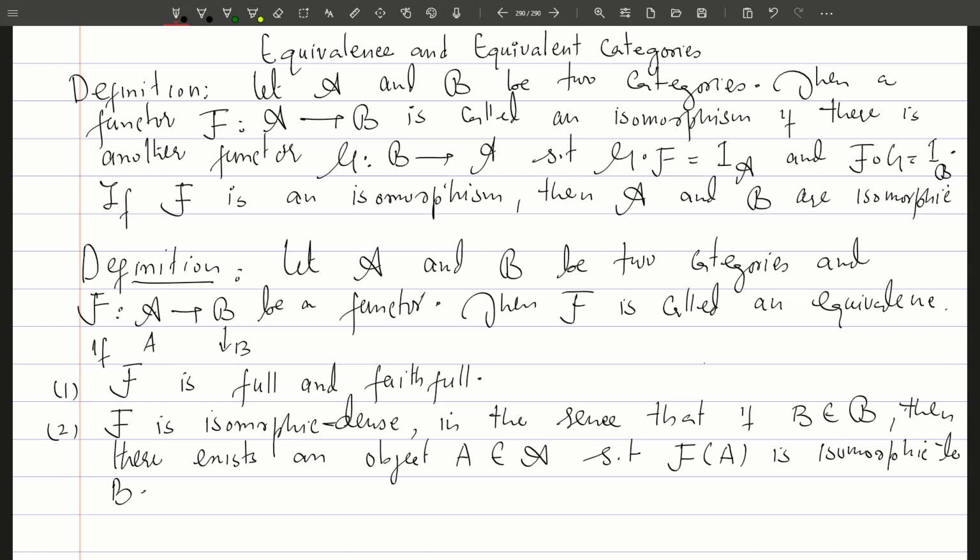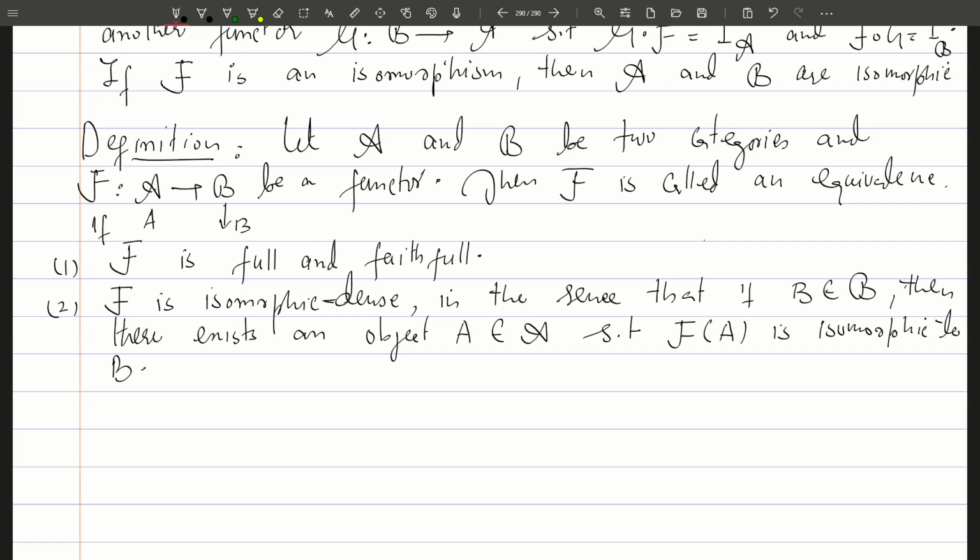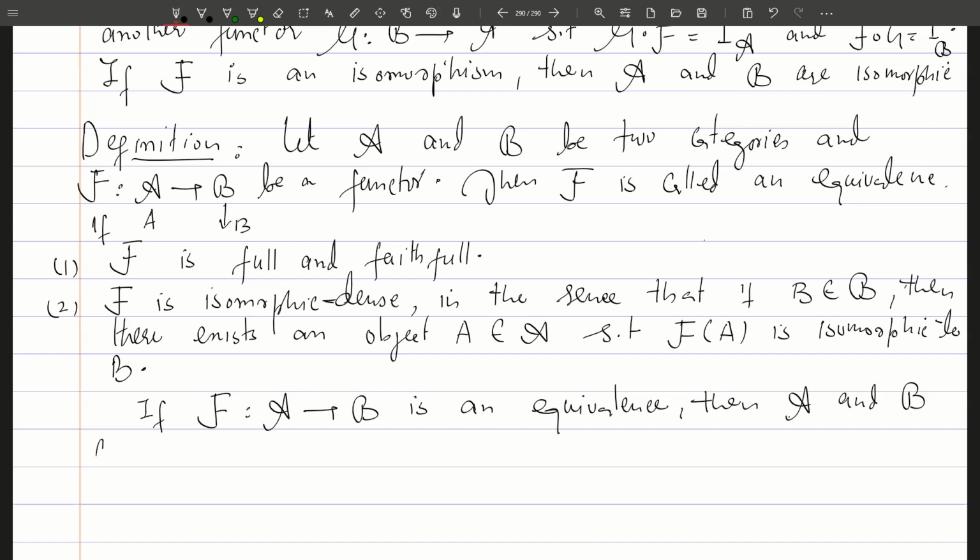Then we call this F an equivalence, and the categories A and B are called equivalent. So if this F from category A to category B is an equivalence, then the category A and category B are equivalent.